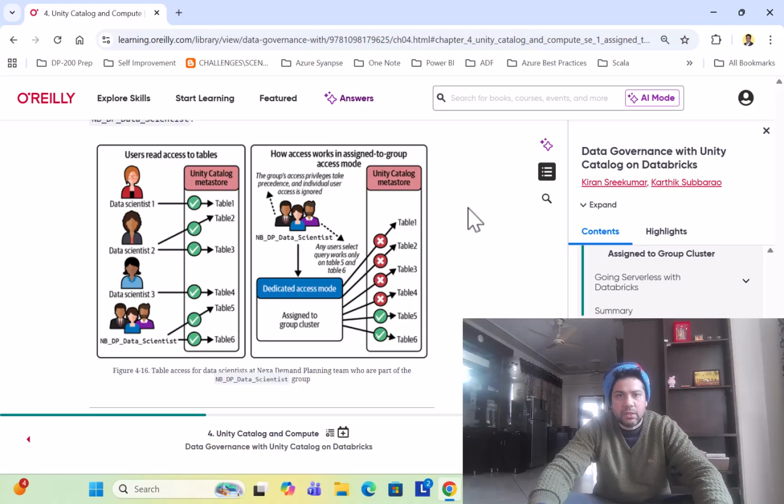Because as the team grows, as the project grows, you will have a lot of data engineers and data scientists coming and going as part of the team, and that is where you'll have a lot of permissions to take care of, and you may want to clean up some of those permissions.